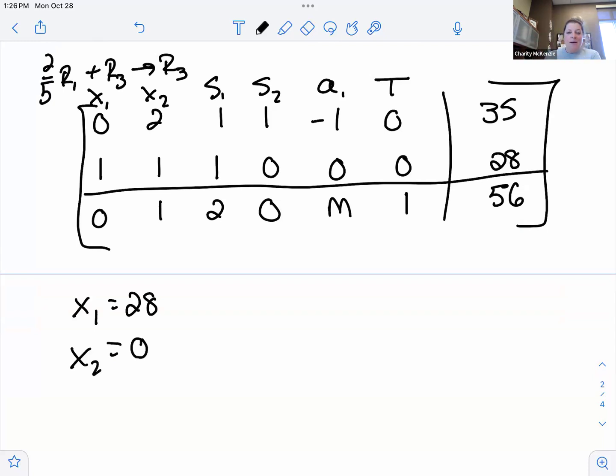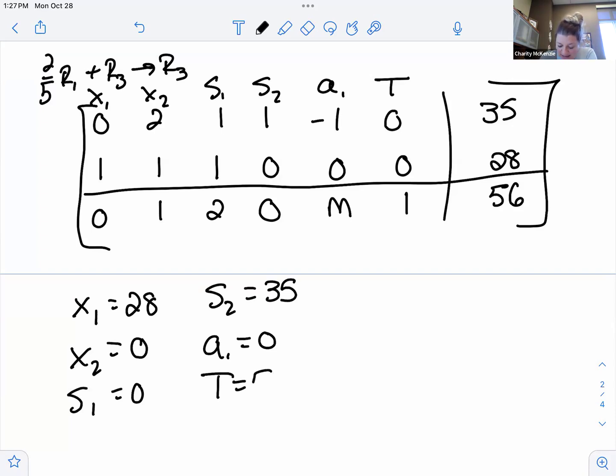It's 0. But one of our slack variables actually has meaning. So our slack 1 is still 0, but our slack 2 is actually 35. So whatever meaning that slack had, it actually has a number. Like we didn't use whatever that is. Artificial variable never comes out to be anything because it shouldn't. And then our t is 56.